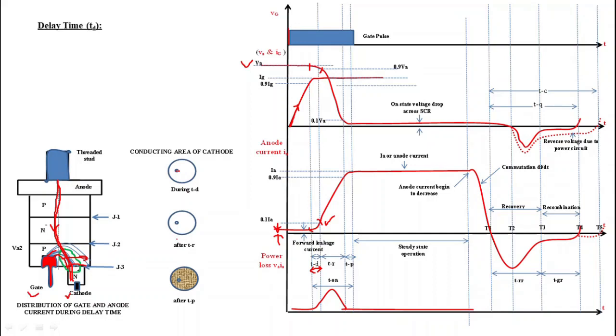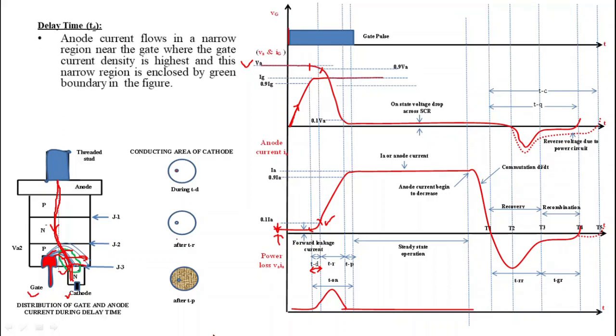So now anode current flows in a narrow region near the gate where gate current density is highest. This narrow region is shown by this green enclosed area. Delay time can be decreased by applying high gate current and more forward voltage. Delay time is a fraction of a microsecond.